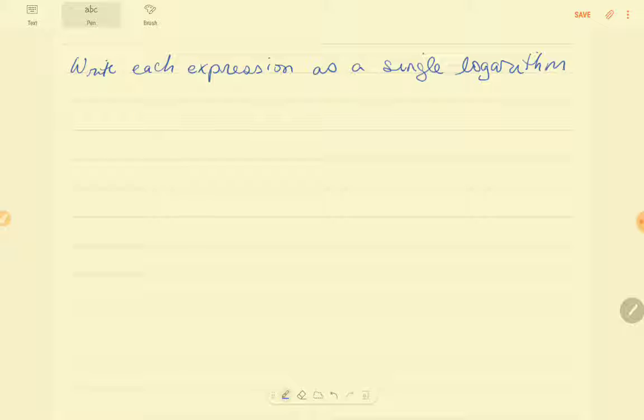Okay, fine. And then number 75 says log base a of x plus log base a of y minus log base a of m. So we're going to condense that.